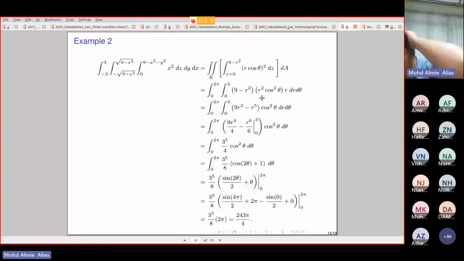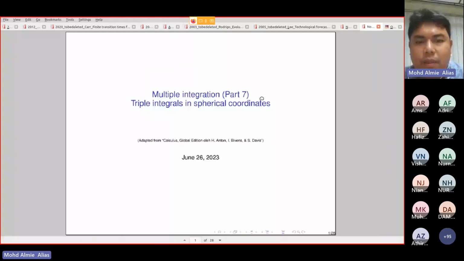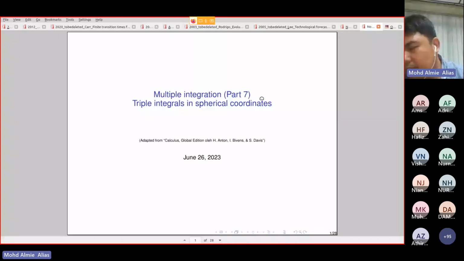Right now it's 3:13, so let's resume at 3:20. We're going to continue with example 3, example 4, and the next topic, which is the spherical coordinate. It's quite different from cylindrical coordinates, but we'll see this after the break. Okay, thank you.